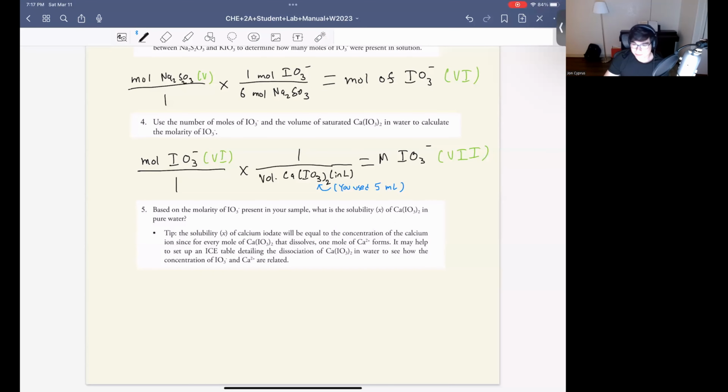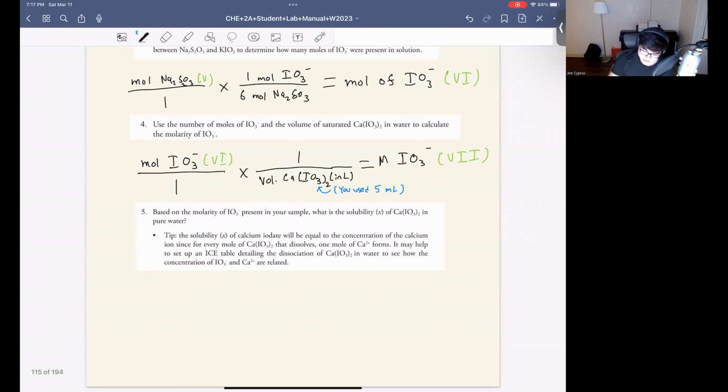Let's see. So it's going to be pretty easy from the last one here. You're going to find the molarity of calcium in your solution by taking this and dividing it by 2. You have 2 iodates in your solution for every calcium, so the iodate concentration will be twice as high.